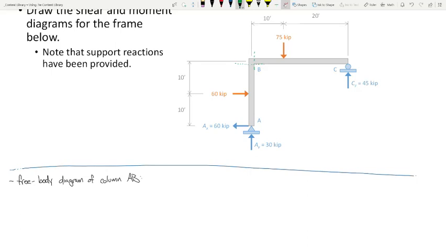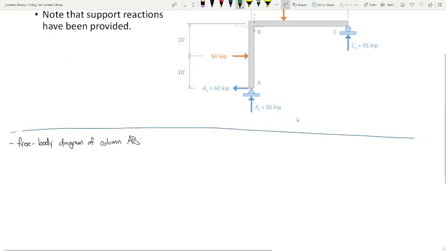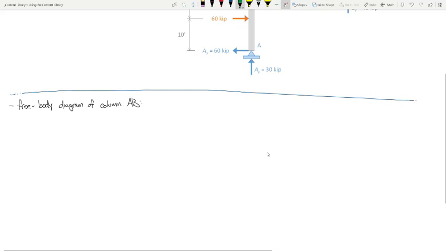Okay. So when I draw this free body diagram, let me get this set up. Here's my member. I've got a 60 kip load right here in the middle.